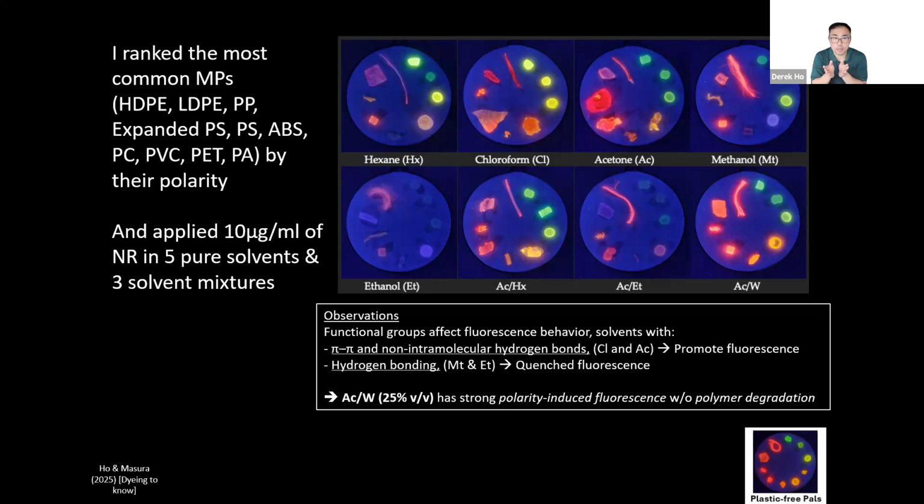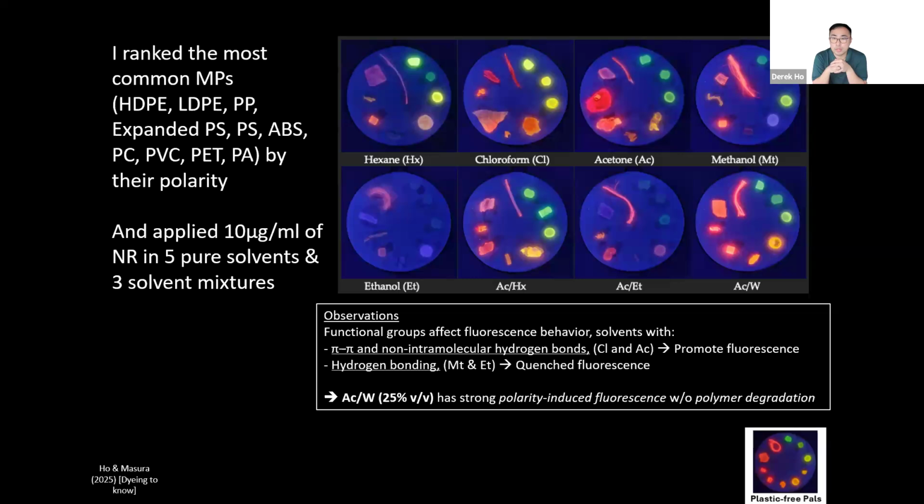But in this paper, we studied 10 of the most common plastics, and we ranked them by their polarity. The top is polypropylene, HDPE, LDPE, expanded polystyrene, ABS, polycarbonate, PVC, PET, and polyamide.